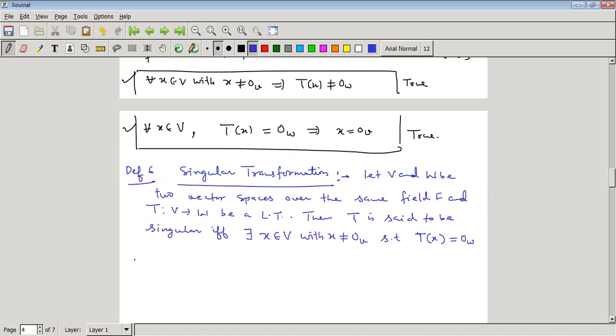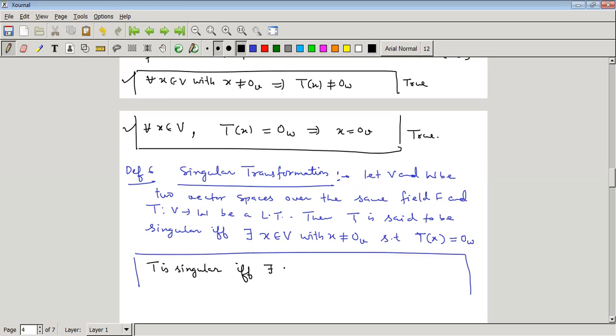Right? So how can we write this? T is singular if and only if there exists x not equal to 0V belonging to V, such that T of x is equal to 0W.